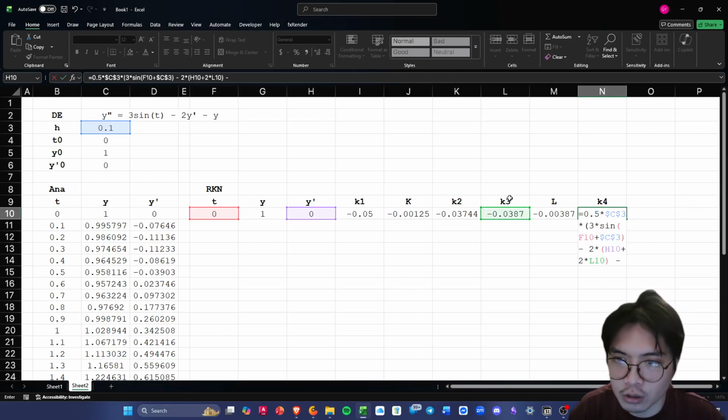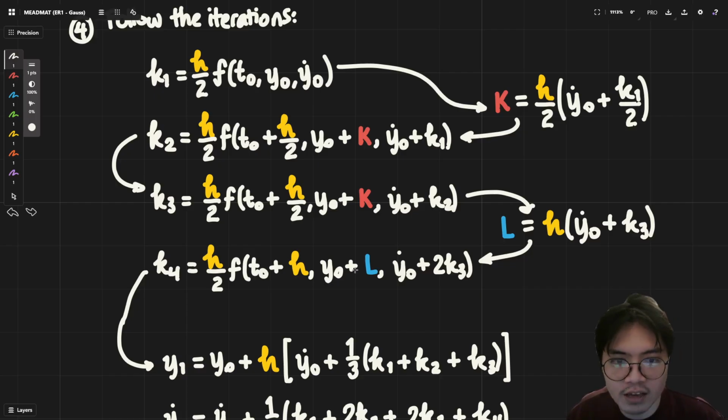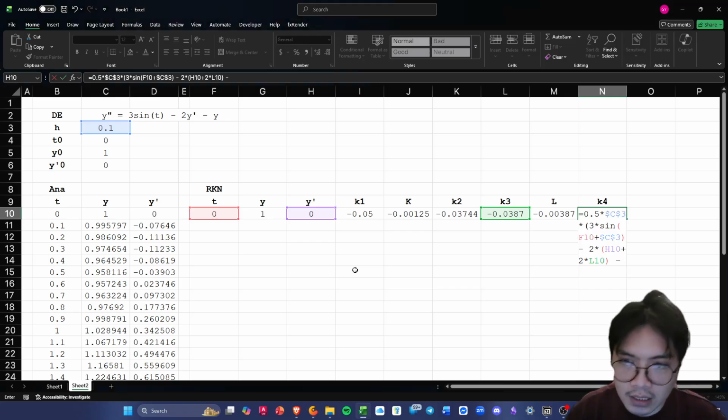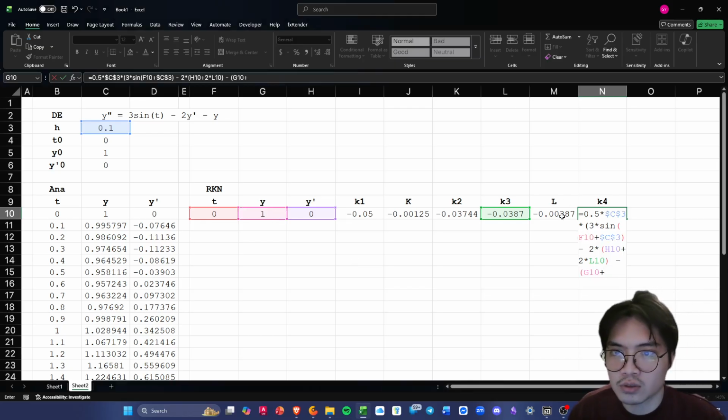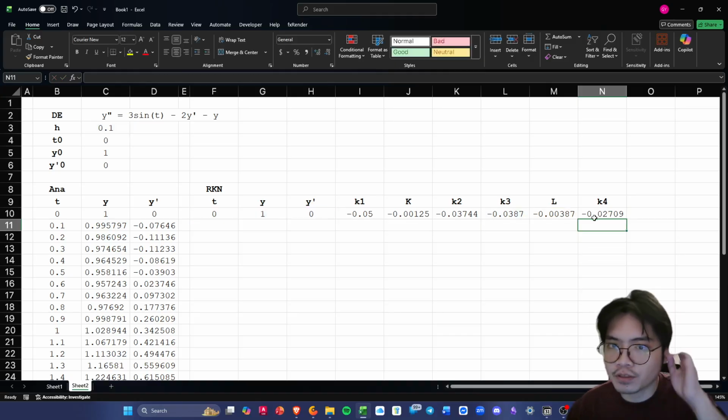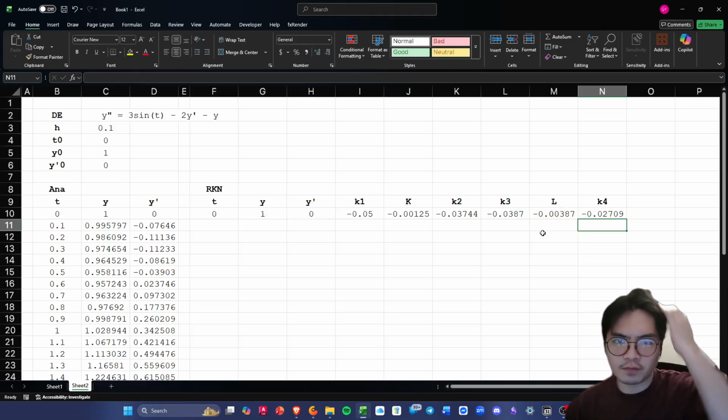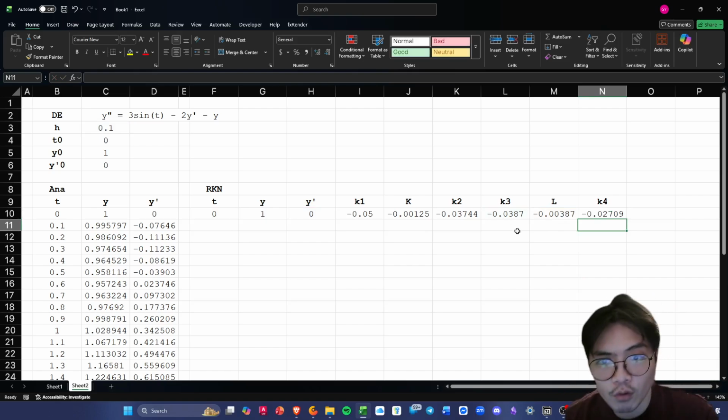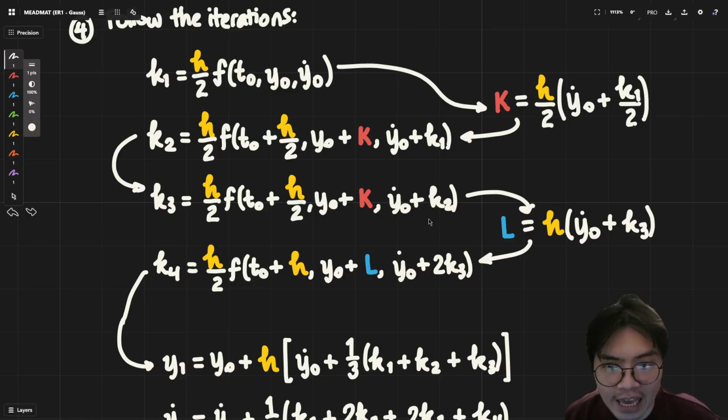And then minus your y, instead of y, you put y plus L. In this case, that's going to be M10. And therefore, there you go. Those are your values of K1, K2, K3, and K4, and their values of K and L.